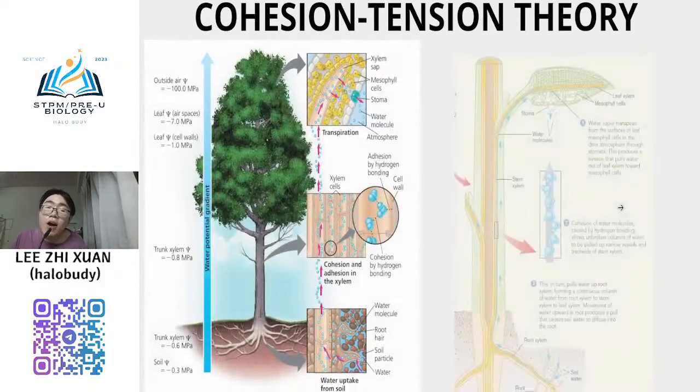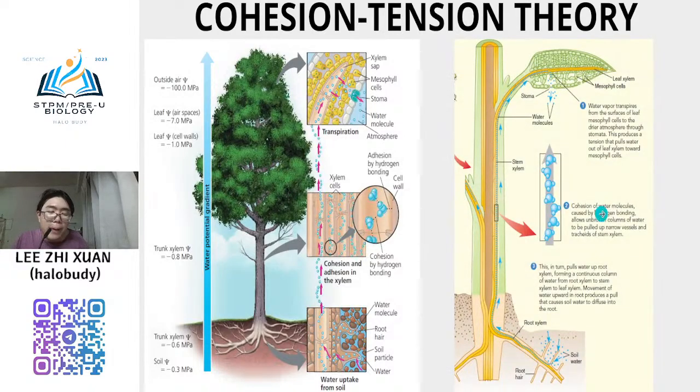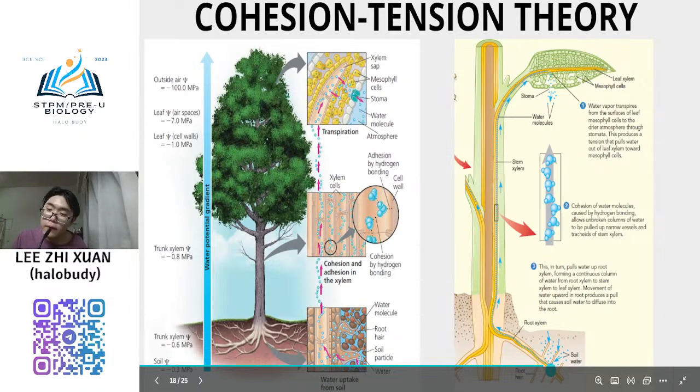Okay, now we go to the most important part, which is the cohesion-tension theory and also the transpiration pull. Any questions about the root pressure? Okay, I think no. Now we go to the most important part, the cohesion-tension theory and the transpiration pull.